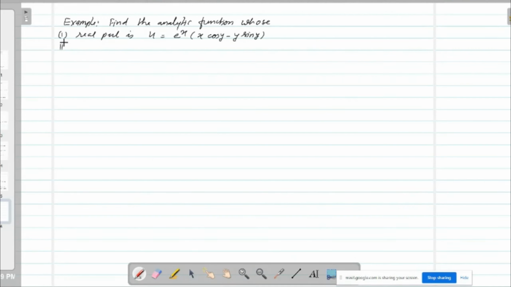Second one, imaginary part is v equal to e raised to x into x sin y plus y cos y. Okay, so this is a simple problem for you, so please do this problem at your home.